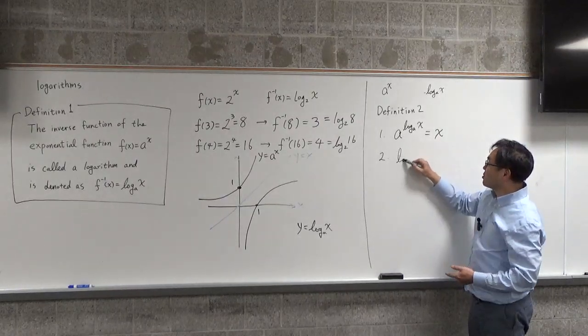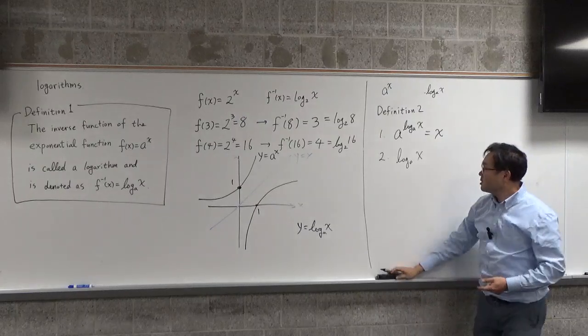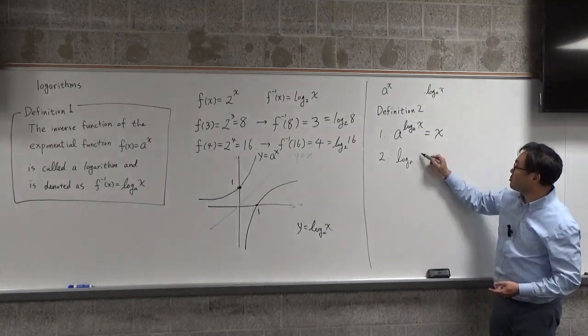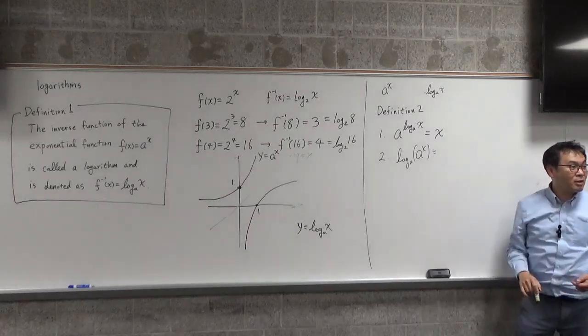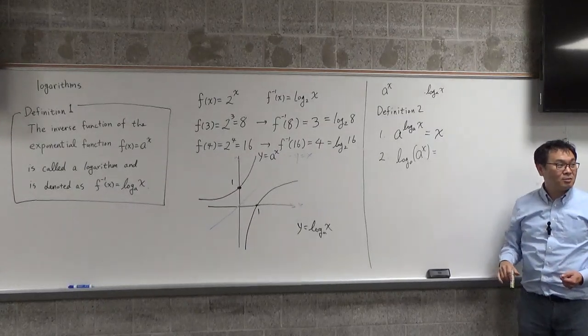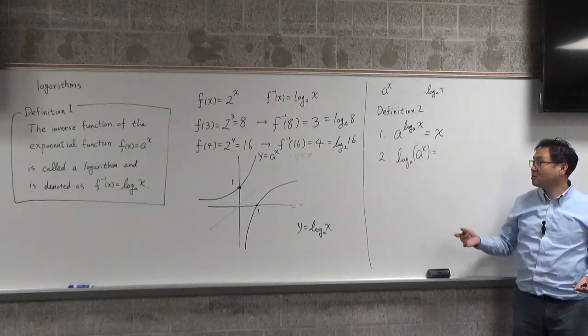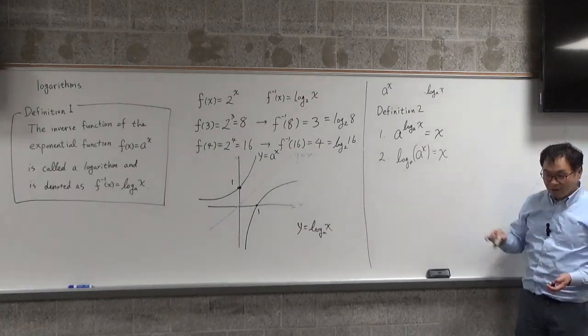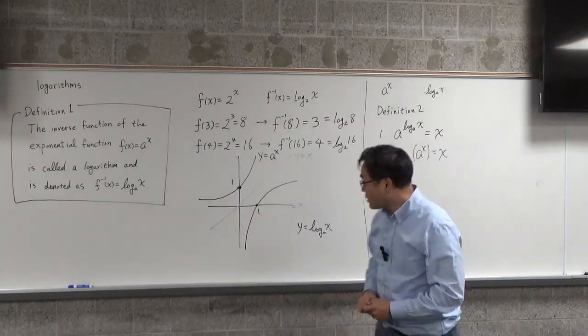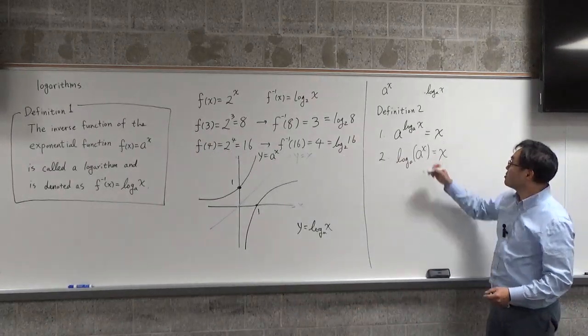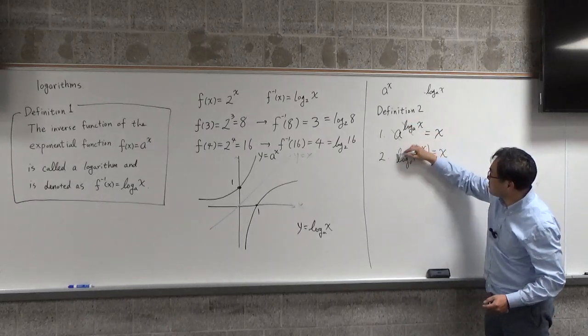So see, log base a of x, and into that x you plug in a to the x. If you do that, what do you get back? Your x back. And these two rules are just cancellation laws. It just means that these two cancel and these two cancel.